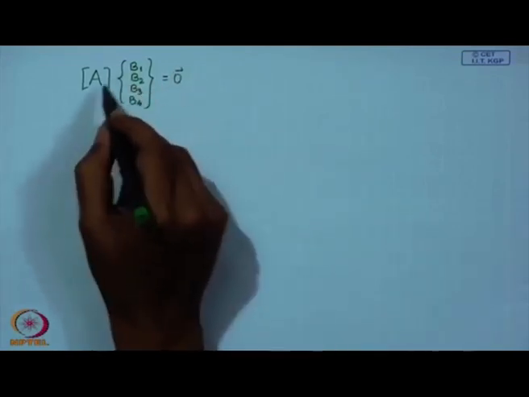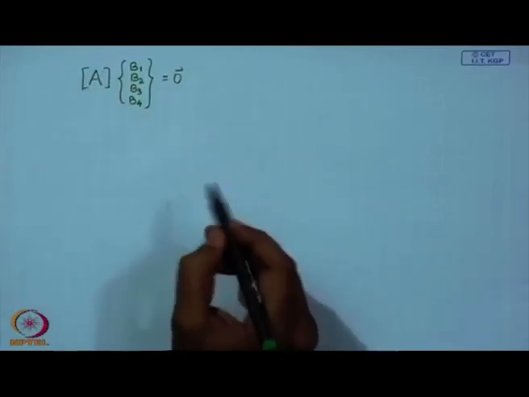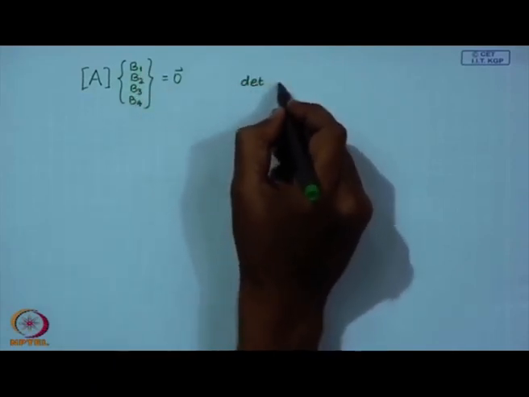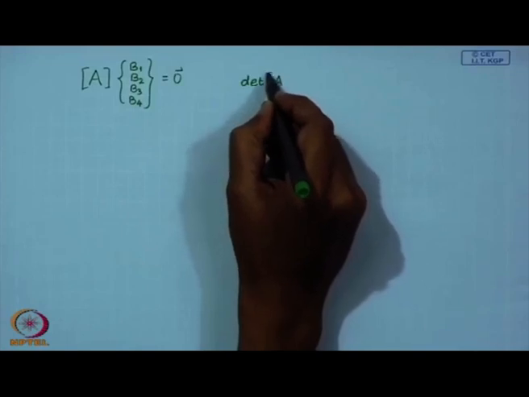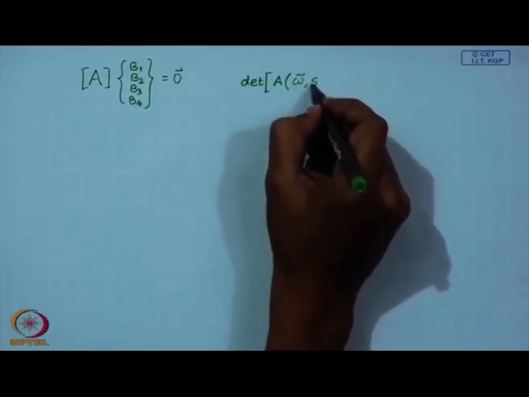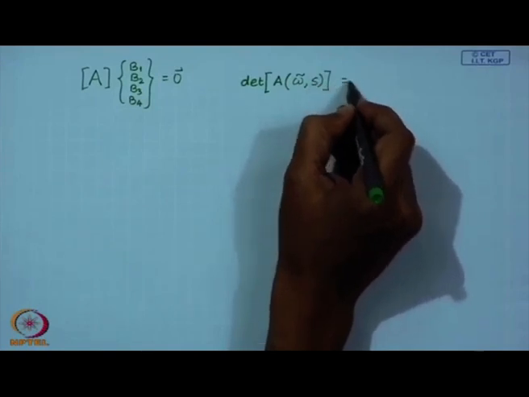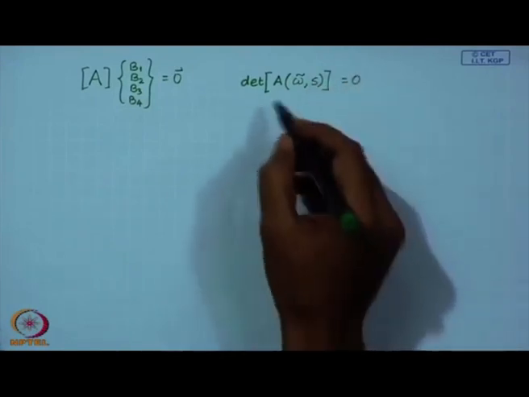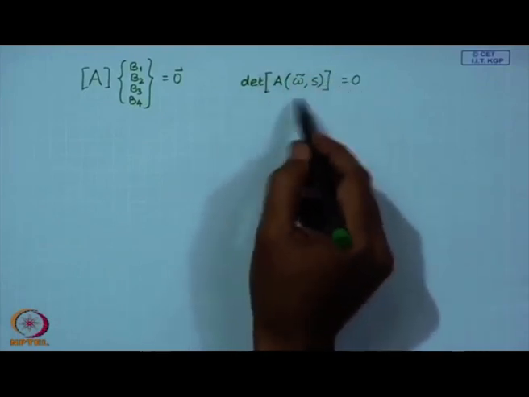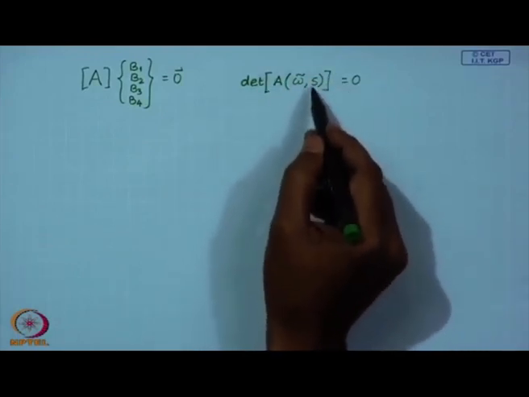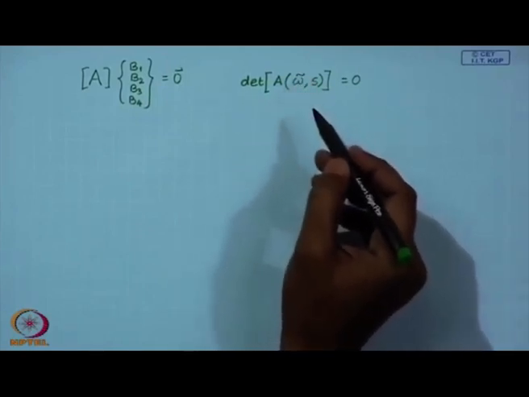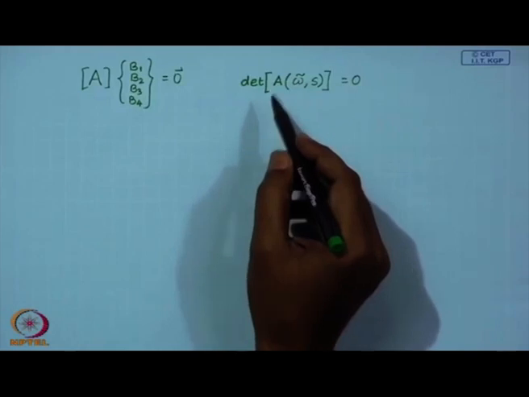So, for non-trivial solutions of these coefficients, the determinant of A must vanish, and remember that A is a function of omega tilde and S, the loading. So, if you solve for a given load S, you can find the circular natural frequencies of the beam, and this can be solved numerically.